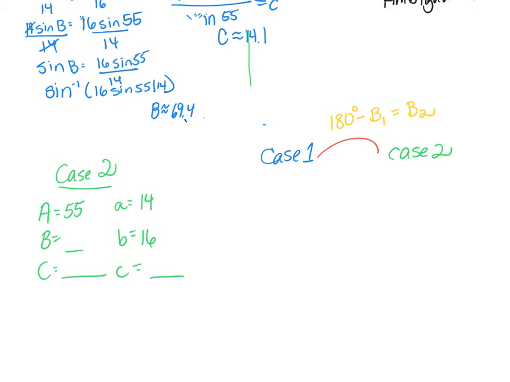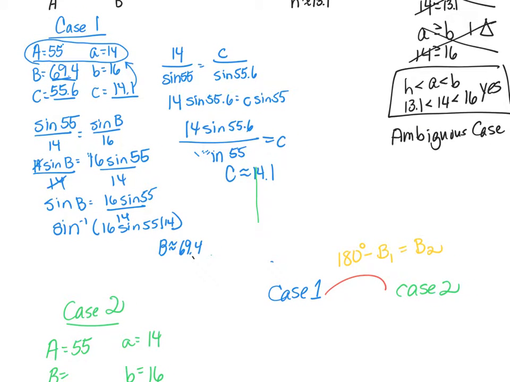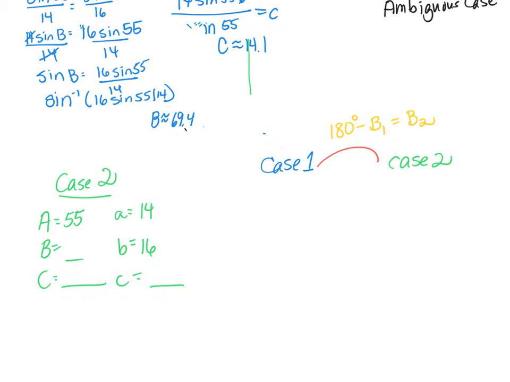So let's go back up here to the top. You see that 69.4 was the B. So let's come down here again. To find B2, we're going to take 180 and subtract B1, which was 69.4. So our second possibility for B, 180 minus 69.4, is 110.6.